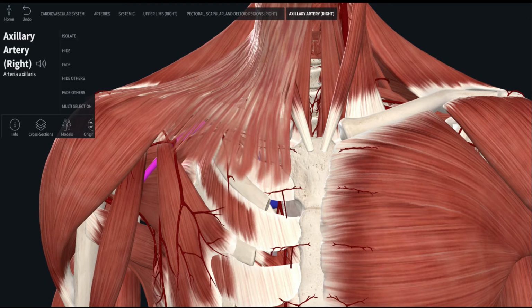Now, if you do not know about the brachial plexus, I would suggest that you get a little knowledge about it before you delve into the relations of the axillary artery with the brachial plexus, or you can skip the brachial plexus relations for now and only concentrate on the other relations.